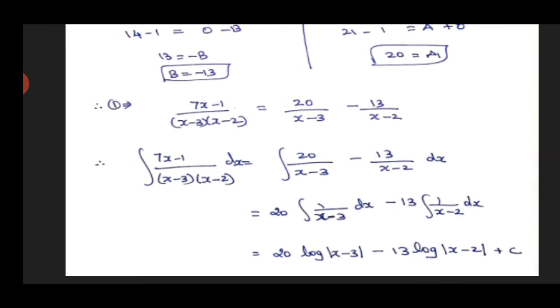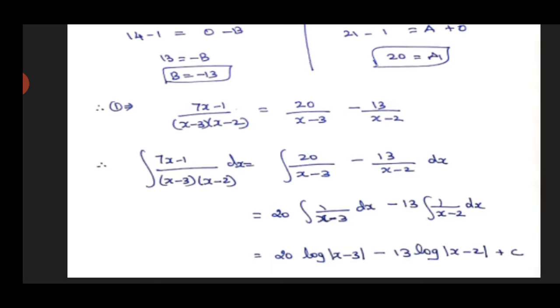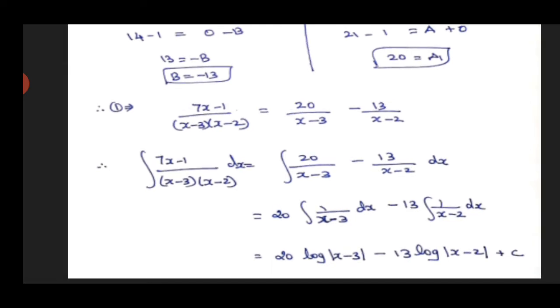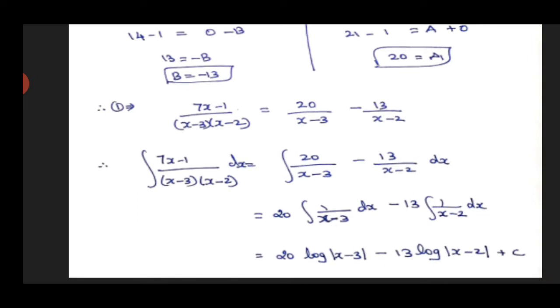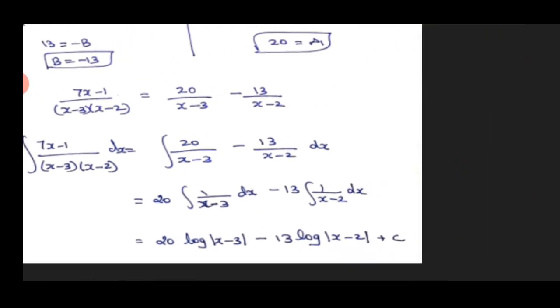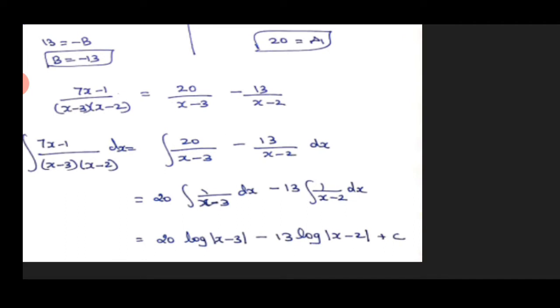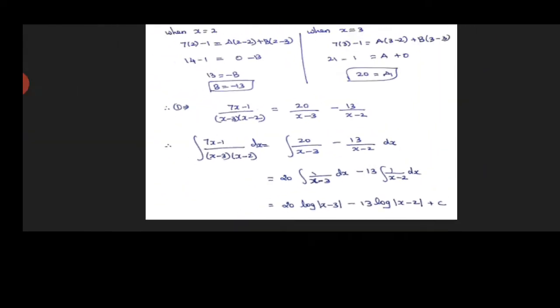While giving, if there is a constant, take it out. So 20 into integral 1 by (x minus 3) dx minus 13 into integral 1 by (x minus 2) dx. You know very well, if x has power 1 and the whole polynomial has power 1, we can apply log. So integral 1 by (x minus 3) becomes log of modulus (x minus 3), minus 13 into integral 1 by (x minus 2), which will become log of (x minus 2). So that is the answer for this sum.